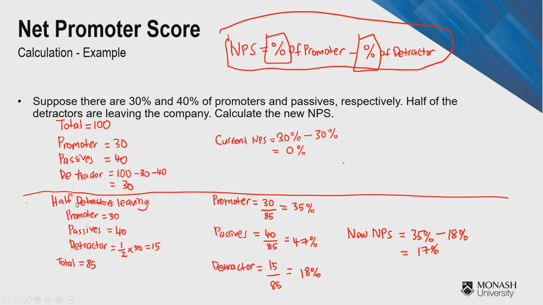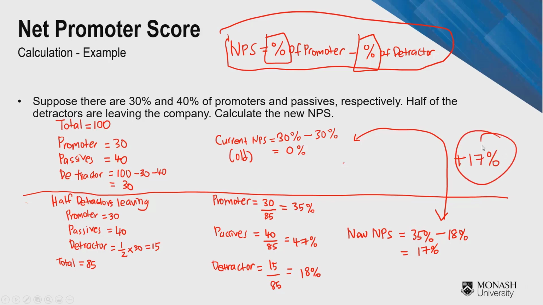Now half of the detractors are leaving. So you have promoters 30, passives 40, detractors 15. My new NPS actually grows. So from the current, or old, NPS to the new NPS, it grows by 17%.